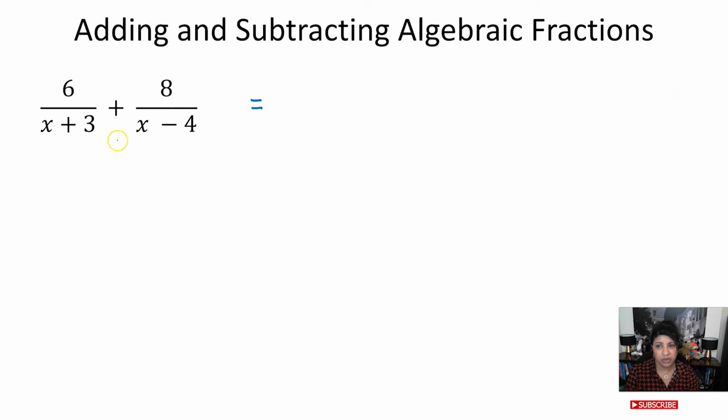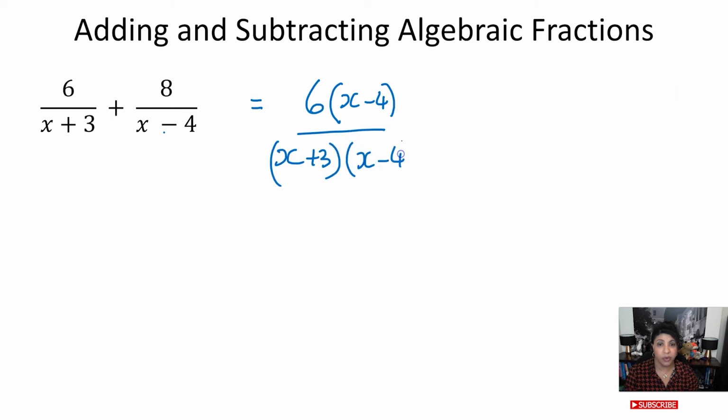So what you need to do is multiply this side by x minus 4 and multiply this side here by x plus 3. So you have 6, and then this side needs to be multiplied by x minus 4. So x minus 4. I need to do the same here. So that's x plus 3 and then x minus 4.